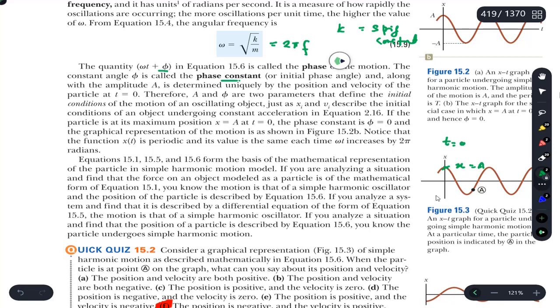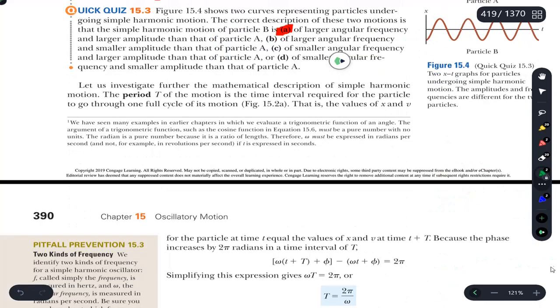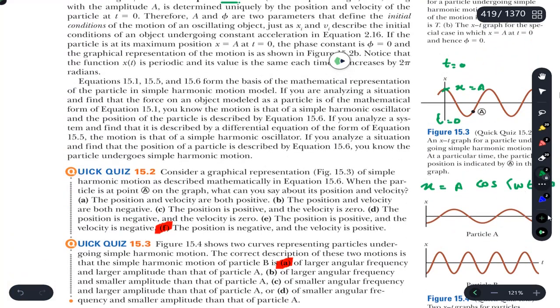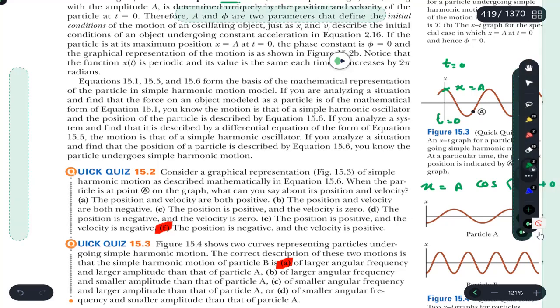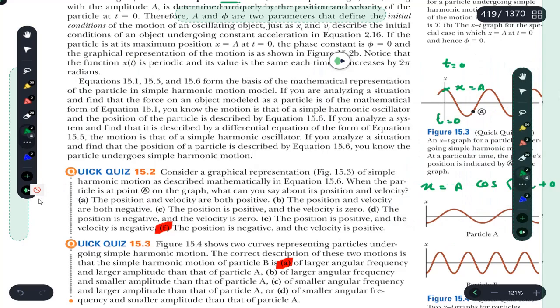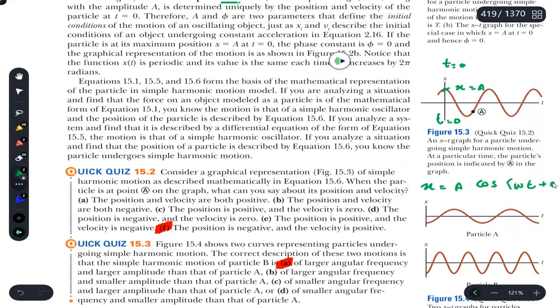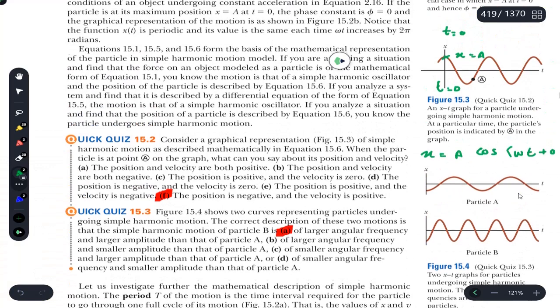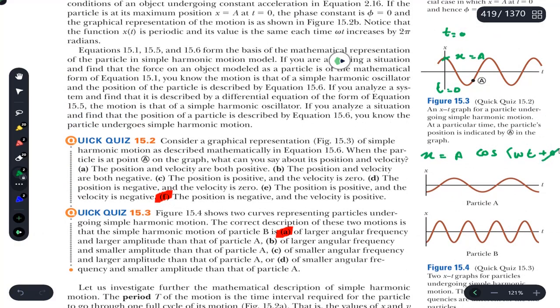Now, by substituting t equal to 0 into the earlier expression, x equals A cos(omega t plus phi), logically you should find that your phi just now should be equivalent to 0.